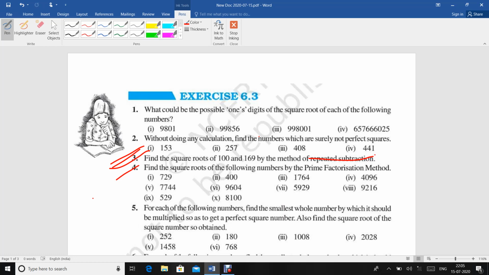We will discuss those steps. See, here you have to find the square root of 729. I hope all of you have studied the prime factorization method. We will revise it here again.